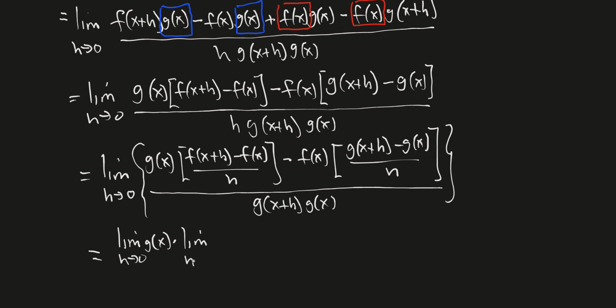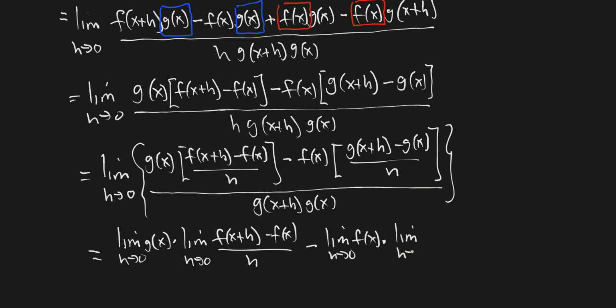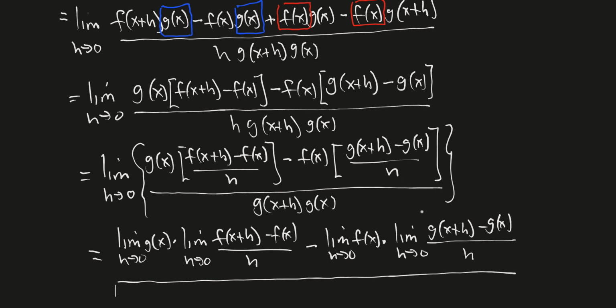So the limit as h approaches 0 of f of x plus h minus f of x over h, and then keep the minus sign, and then the limit of f of x. Right, so your limit as h approaches 0 of f of x, and then times the limit of that difference quotient. So the limit as h approaches 0 of g of x plus h minus g of x all over h. And then, remember, my limit properties also work under certain conditions.